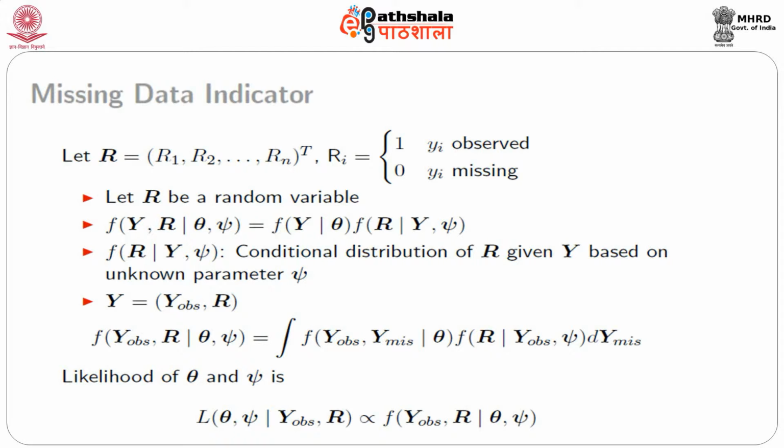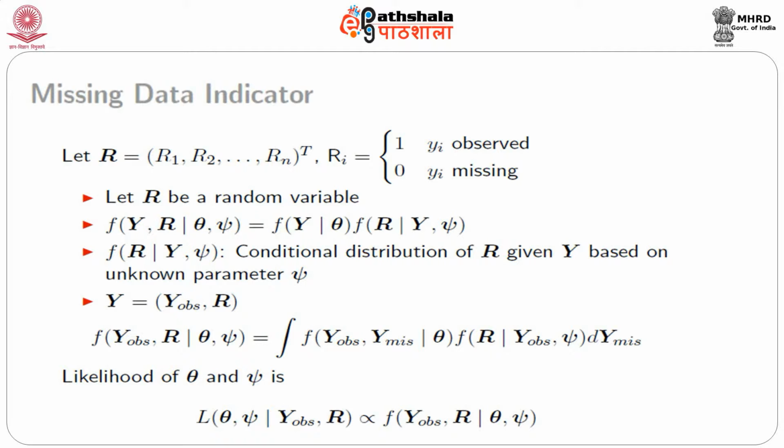So f(y observed, r | theta, psi) is the integral of f(y observed, y miss | theta) into f(r | y observed, y miss, psi) with respect to y miss.